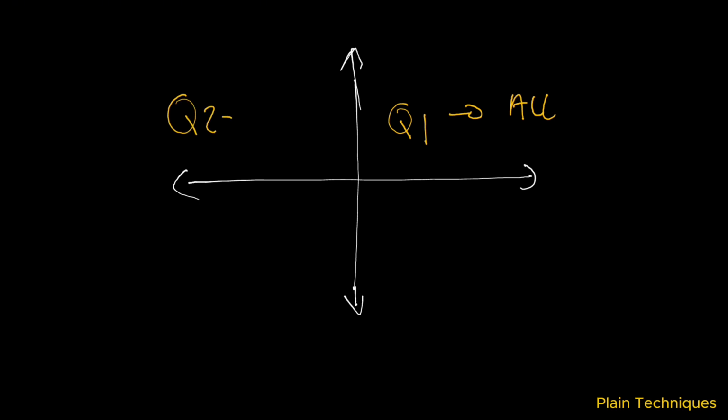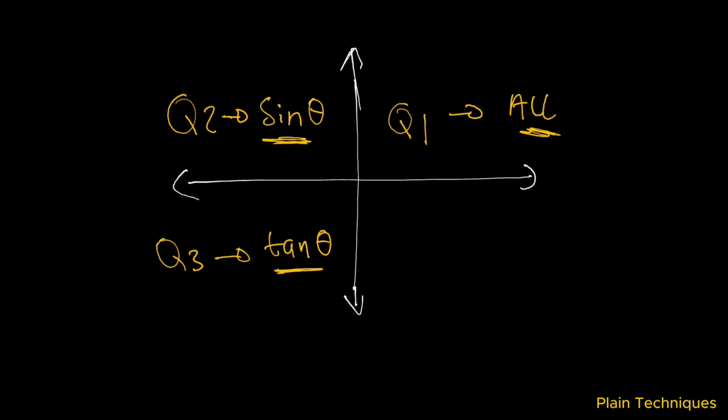Now for Q2, we have seen that only sine is positive. What about for Q3? We didn't get a chance to do Q3, but if you follow the same principle, you'll find out that only tan will be positive for Q3. And for Q4, quadrant number 4, you'll only find that cos is positive.